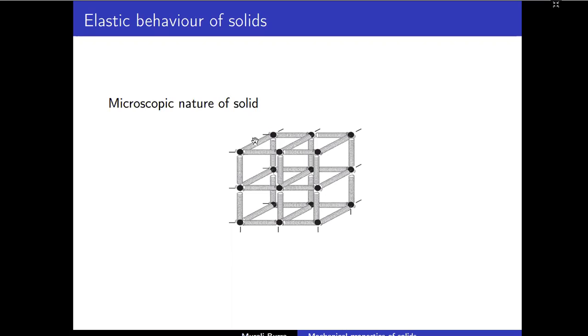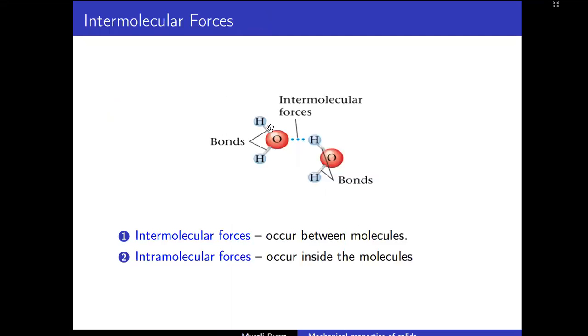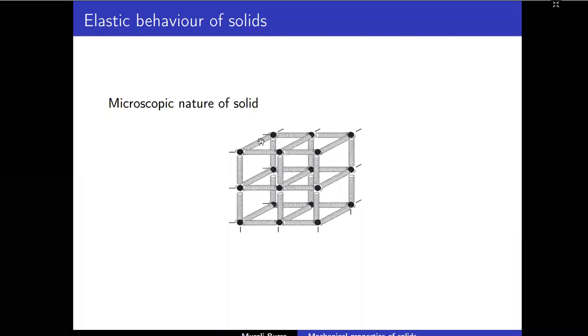What are these forces actually? Between the atoms, whatever forces are there, those are called intramolecular forces. Those intramolecular forces are responsible for its movement and for it gaining back its original shape, right?